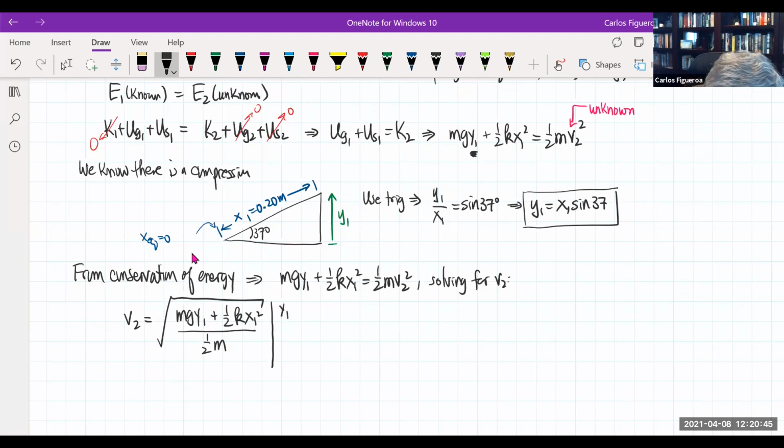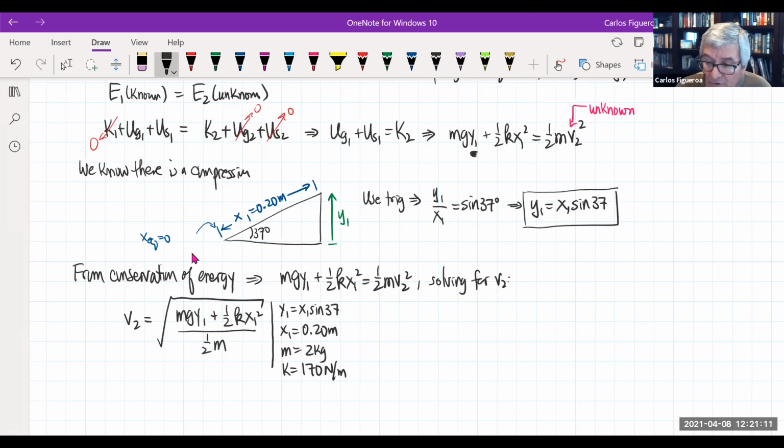If I look at this, I could now plug in certain values. I didn't calculate this separately, I just put this all into my calculator at once. I know that x1 is 0.20 meters, the mass in the problem is 2 kilograms, and the spring constant given in the problem is 170 newtons per meter.